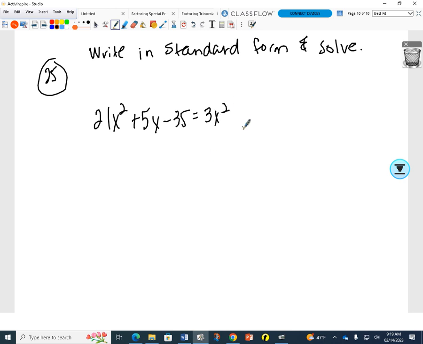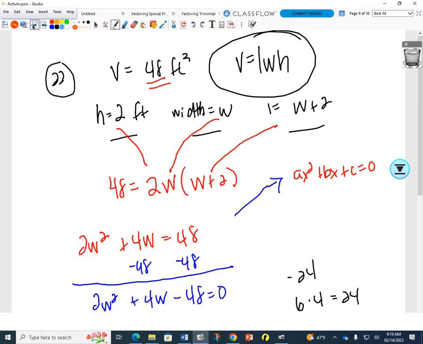So, can anybody remind me what standard form of a quadratic equation is? Nazi, can you remind me what standard form of a quadratic equation is? Let her have a chance. If you're not sure, let's look back through our notes.